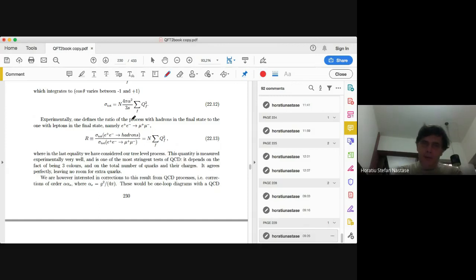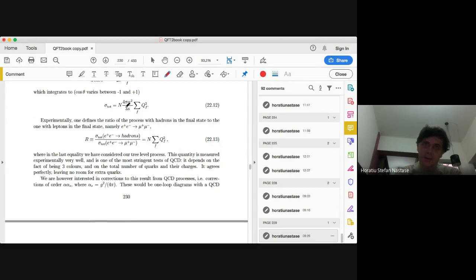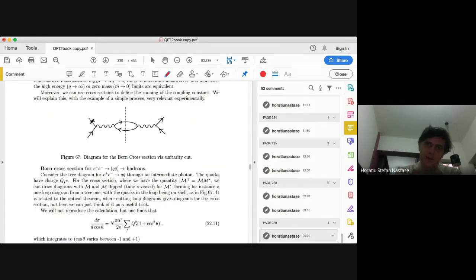So R is equal to this, considering this process. For our e plus e minus going to Q Q bar process, we just consider this tree diagram, and this is just the cross section for e plus e minus going to Q Q bar.